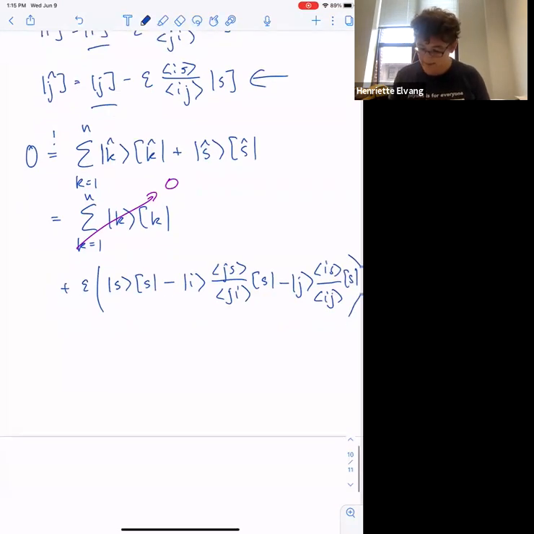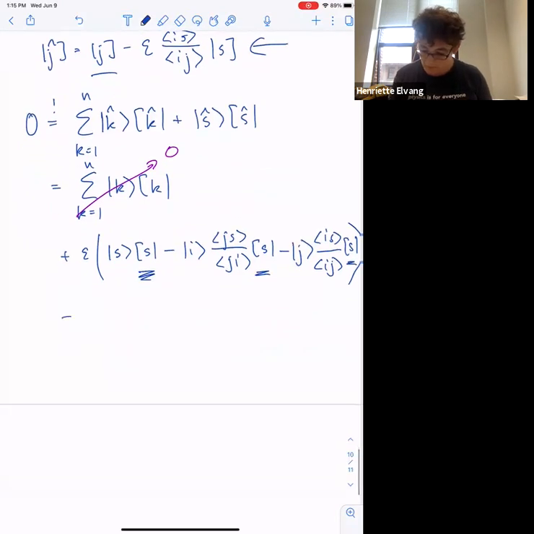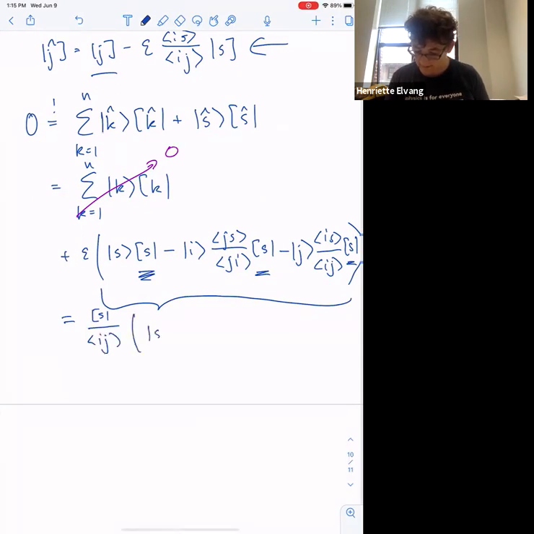Okay, this has a common square bracket S in it. So if I look at everything that is in here, this becomes a square S, I can take that outside, divided by, let's pull out an angle IJ. Then I get angle S times angle IJ minus, well, I actually get plus because I have to reverse the order here. So I get plus angle I times JS.